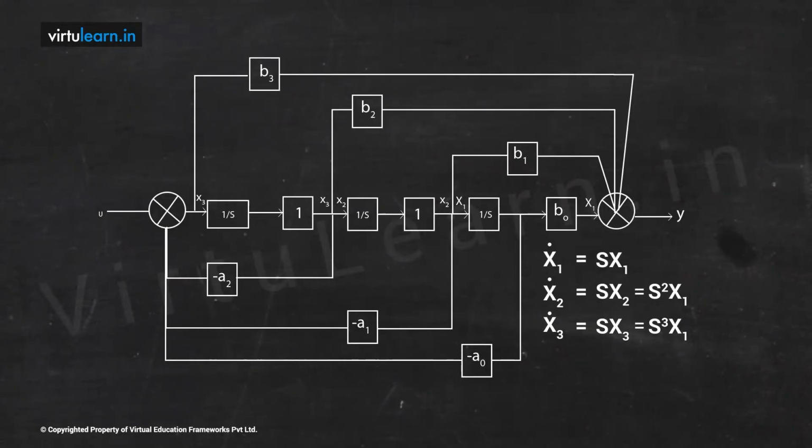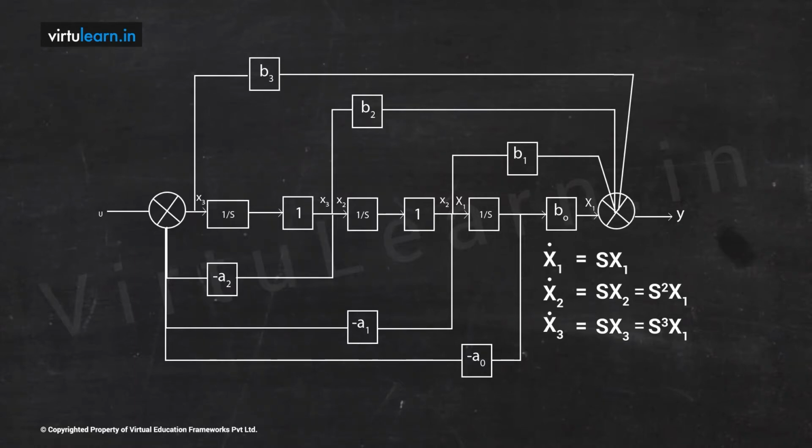What is the output equation y? Output equation y is b3 s cube x1. This is the first term. Therefore s cube x1 is available, and take this signal, connect one block with b3 and connect it to the summing point, because y has so many terms. One of the terms is with s cube x1, the second term with s square x1.